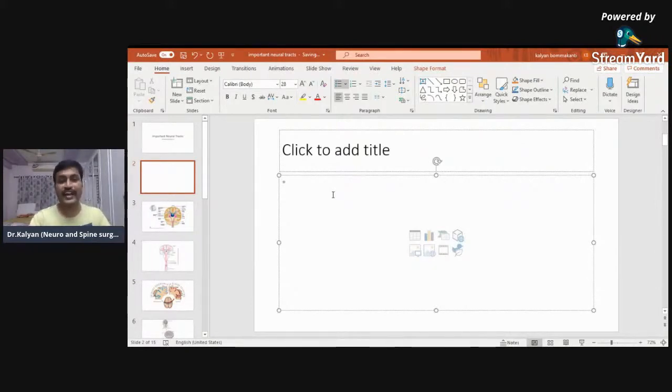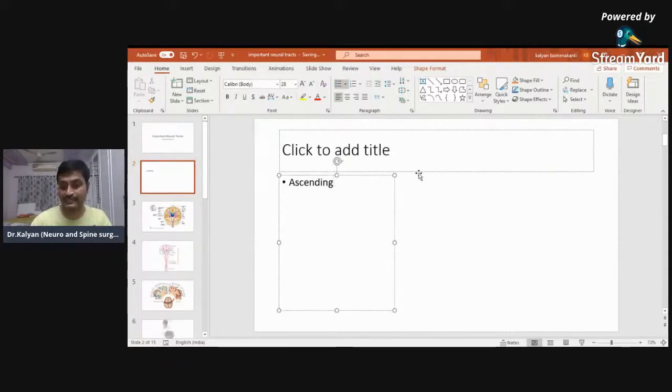So basically the tracts are divided into the ascending tracts and the descending tracts. Of the ascending tracts, we are going to deal with 2 important ones. The first is the spinothalamic tract.